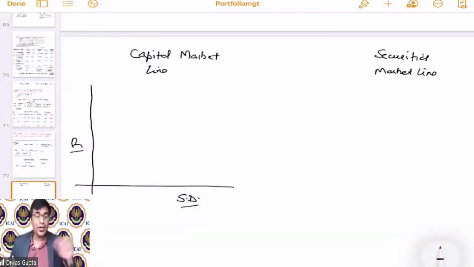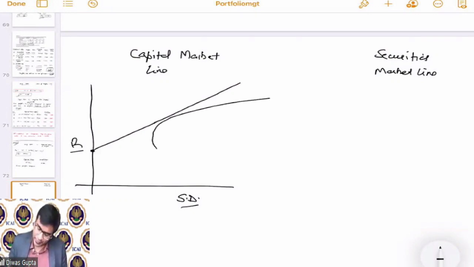We also studied that if we take an intercept on return and draw one line like this, which touches this frontier, this is called the capital market line. This is point C where they are intersecting, and the intercept here is the risk-free rate of return.